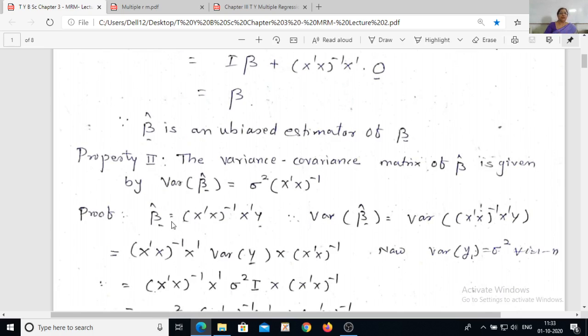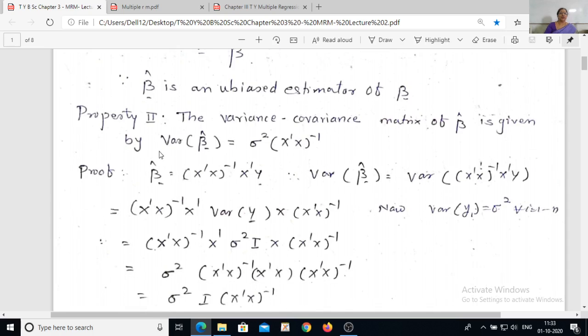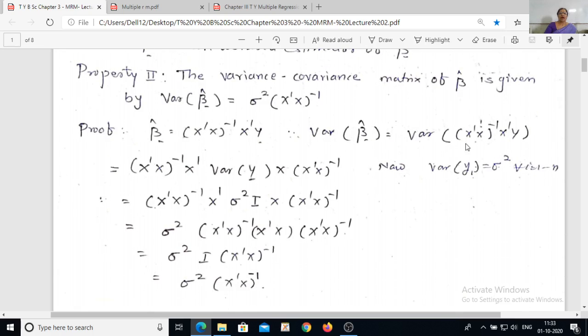Now property number 2 is that the variance covariance matrix of beta cap is given by variance of beta cap equal to sigma square times (X prime X) inverse. In order to prove this, my beta cap is (X prime X) inverse X prime y. So when I say variance of beta cap, that means variance of (X prime X) inverse X prime y, and I need to take this variance in matrix notation like this.